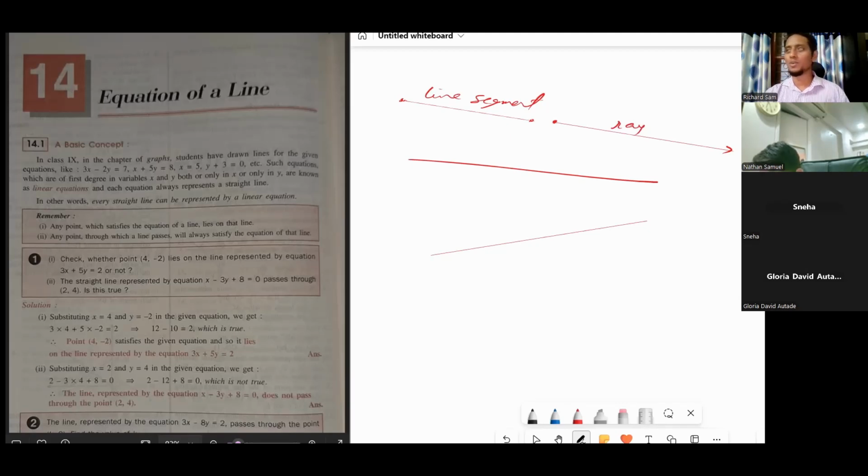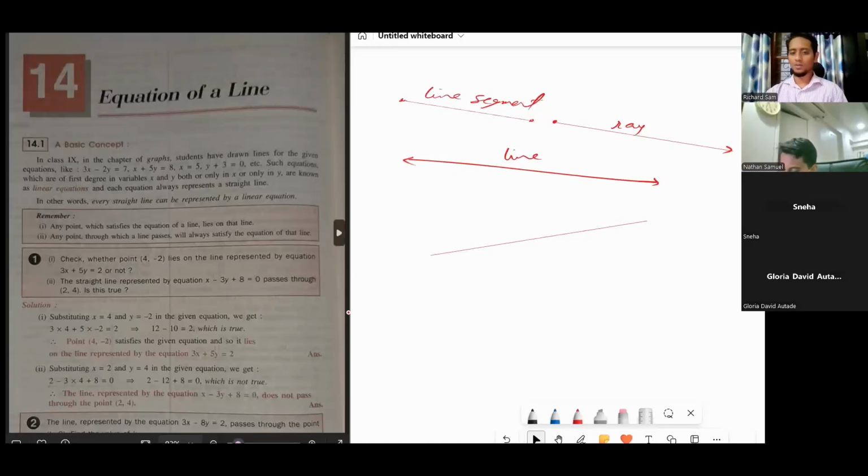A ray has a starting point but no ending, it keeps going. And if both the ends go on without any end, that's a line. So remember, even if you draw a small line, it doesn't mean it's ending at both ends. It keeps going on and on. When you draw a line in this chapter, the ending might be different, but it's the same line because it's going on and on.